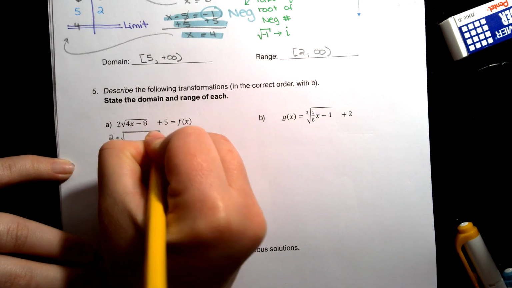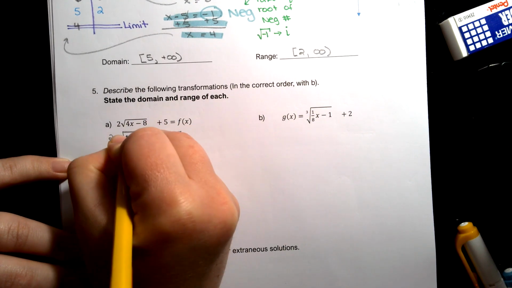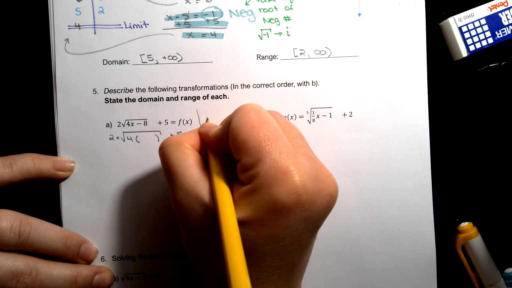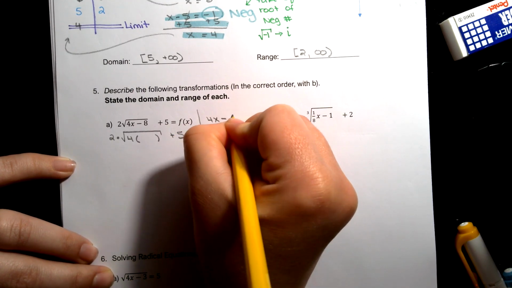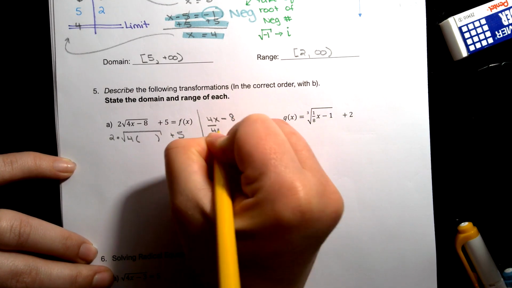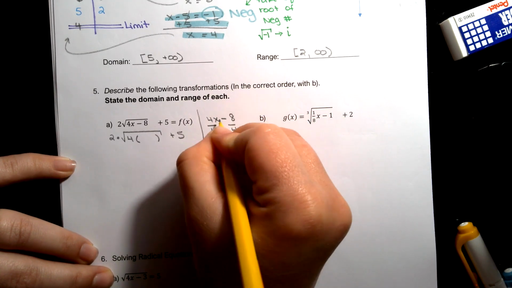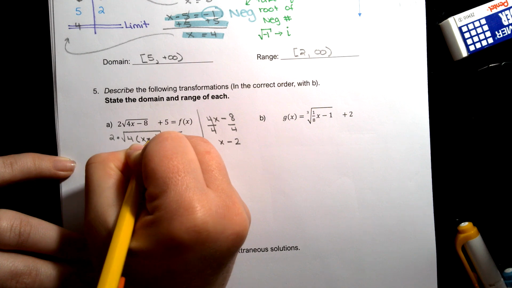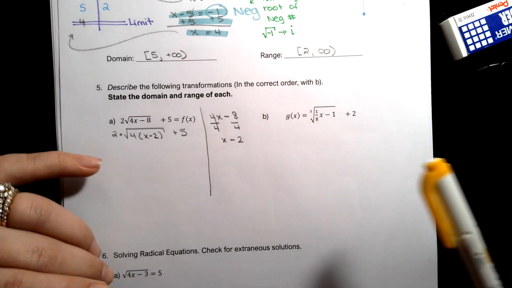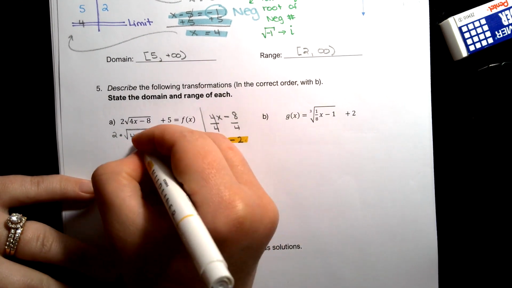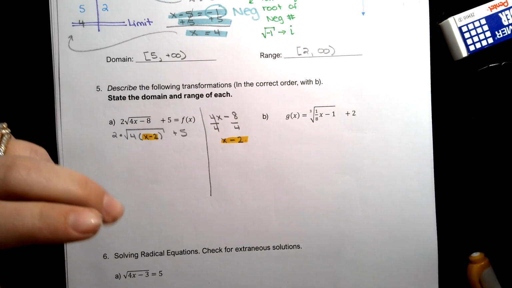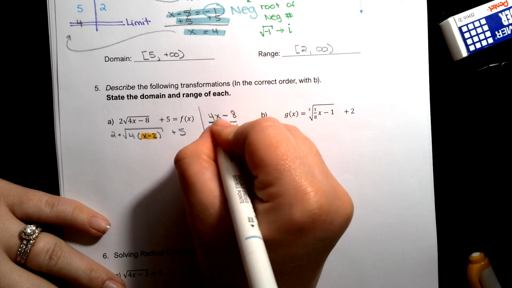It's still inside, but we are going to be removing that 4. Now off to the side, this is what actually is happening. When we take our inside of 4x minus 8, I am going to be dividing both of them by 4. So I end up with x minus 2 here. That's where that x minus 2 is coming from. That's after dividing out our B value.